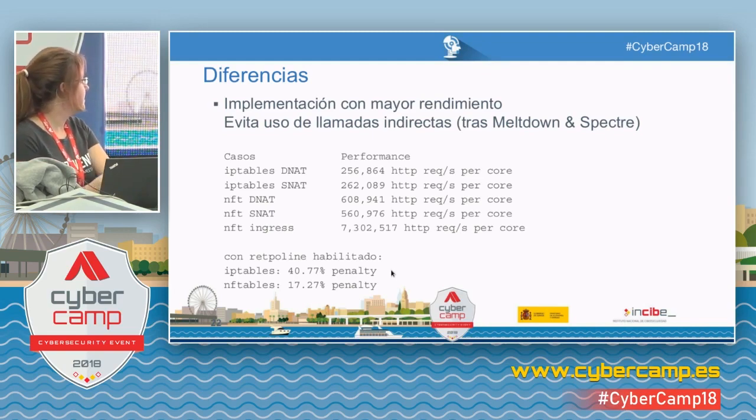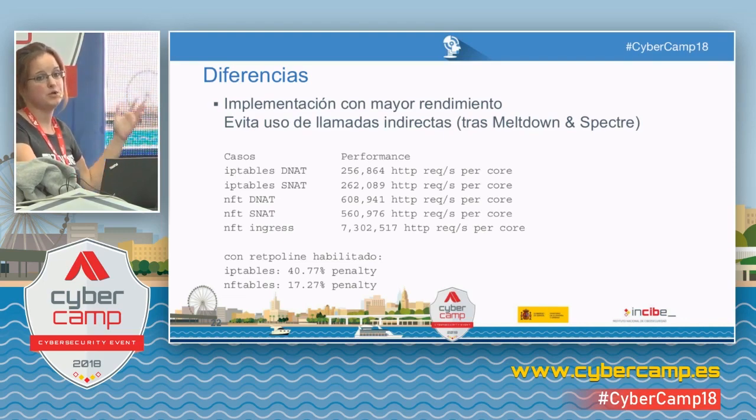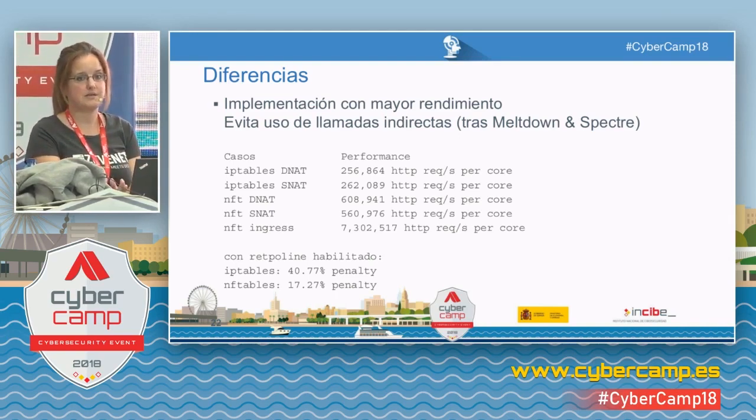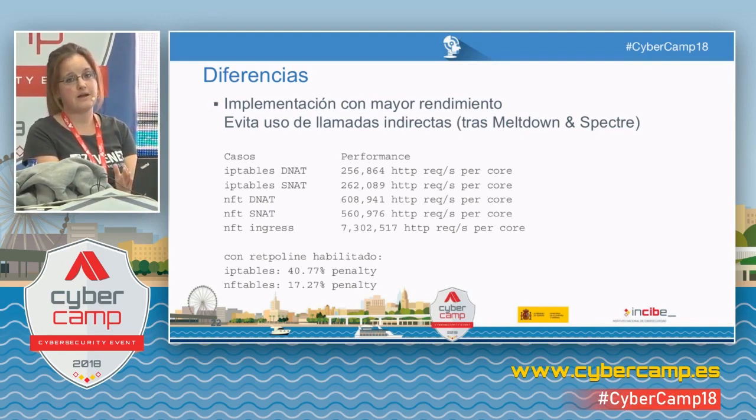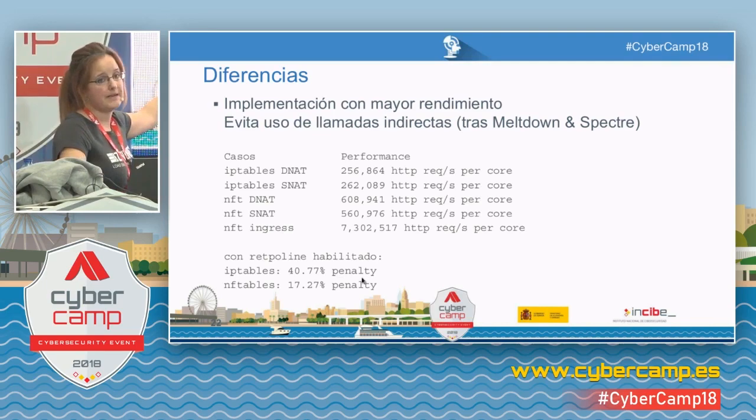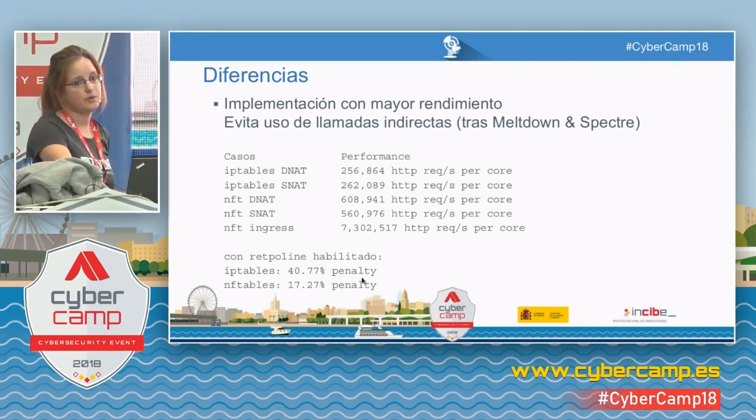So retpoline, if you see how on iptables we can move from a penalty with the same benchmarks without the patch and with the patch to solve this. So from 40% of penalty to 17% penalty with nft.